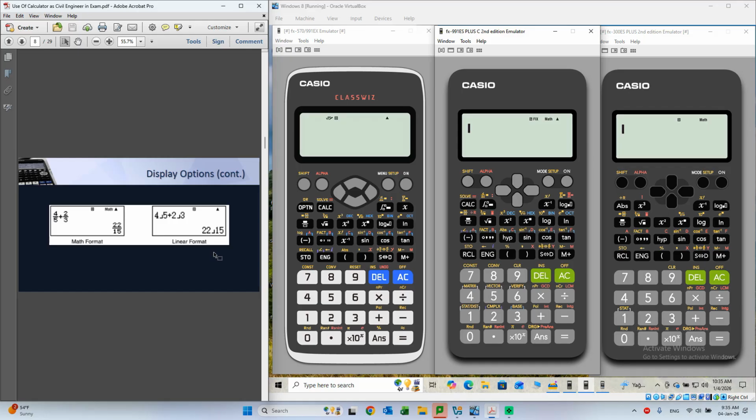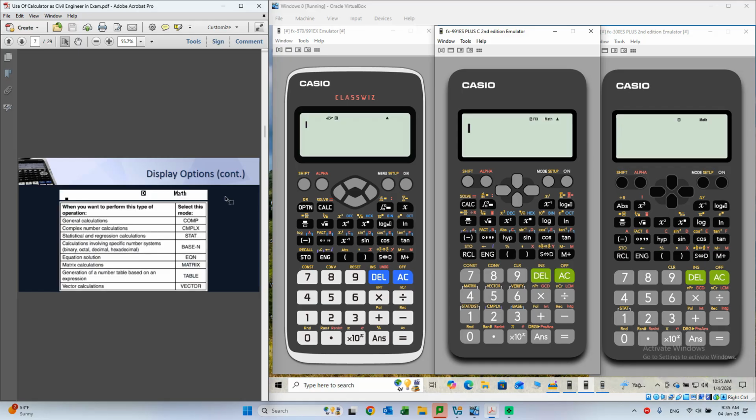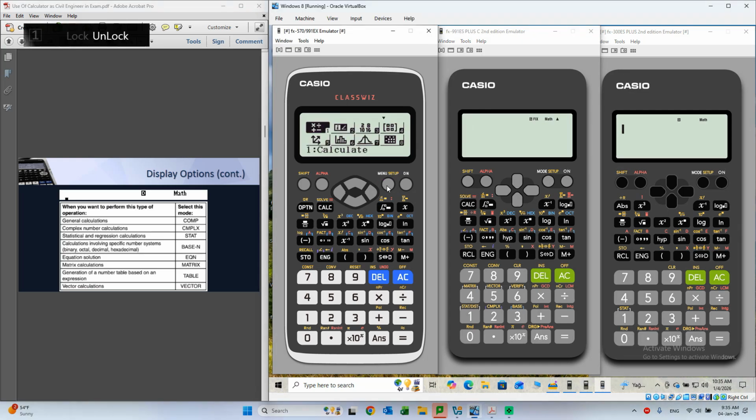Let's say, how do we get to those display options? We have it here, in part of the setup. We have shift. If I want to click on this button here, clicking directly, maybe the white one, is the menu. But if I want to go to the setup, I have to activate shift here.